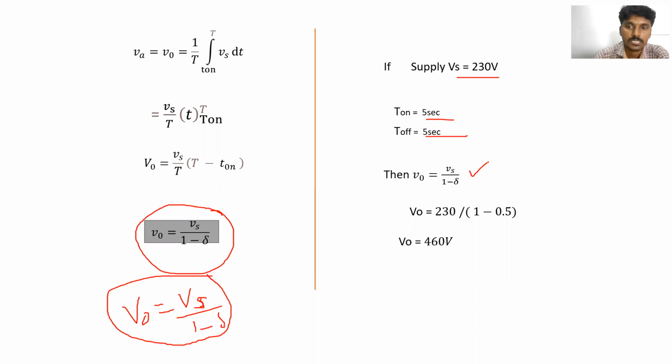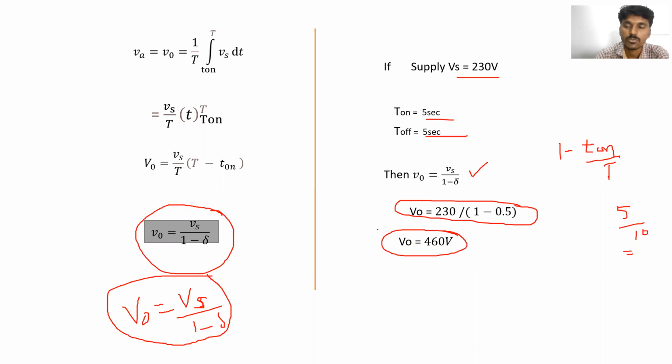V0 is equal to Vs by 1 minus delta, so V0 is equal to 230 upon by 1 minus delta. 1 minus delta is nothing but 1 minus T on upon by capital T, 5 upon by 10, which is 1 by 2, that is 0.5. So 230 upon by 1 minus 0.5. By calculating this value, we get V0 is equal to 460 volts.